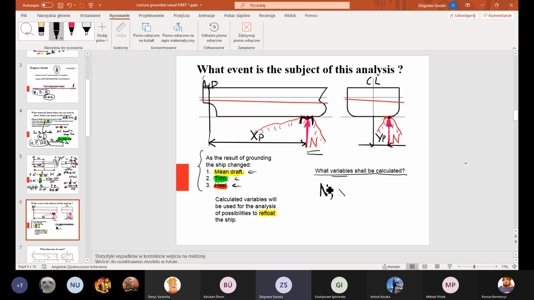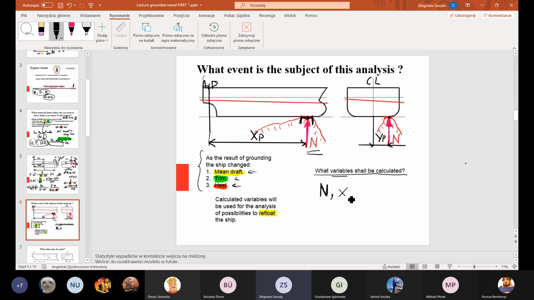And force is abbreviated here as N, and point of action will be described actually by 3 numbers. If we live in 3-dimensional world, there will be 3 numbers describing position of the point of contact.